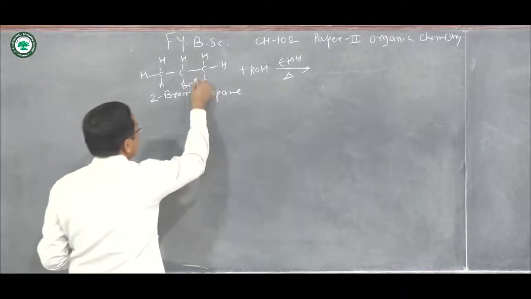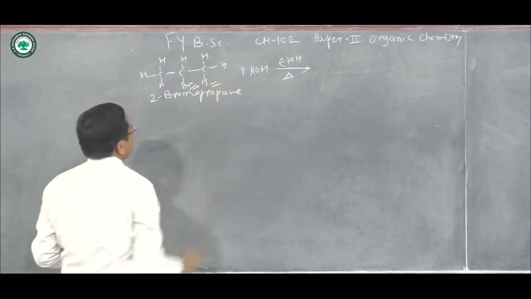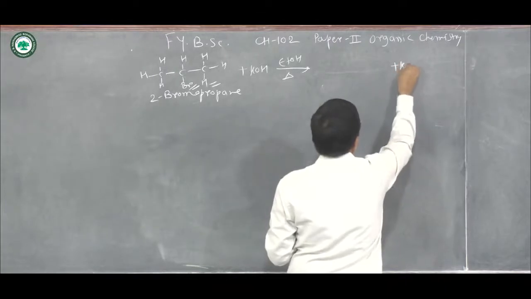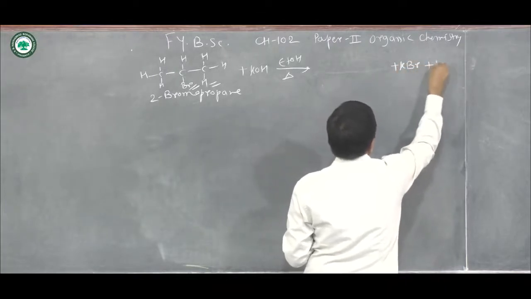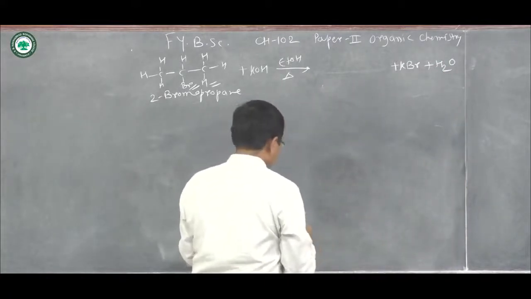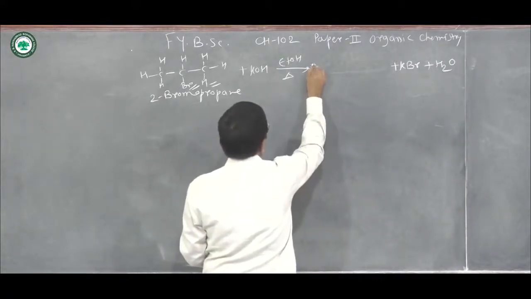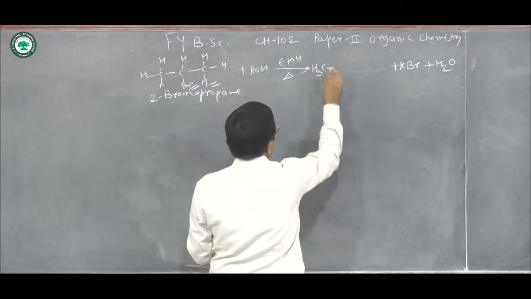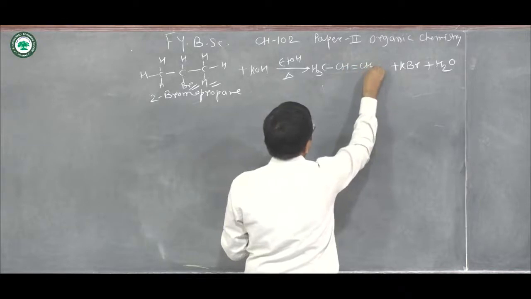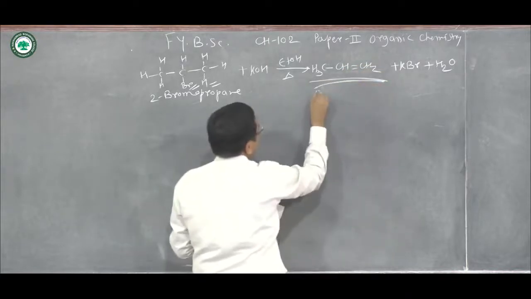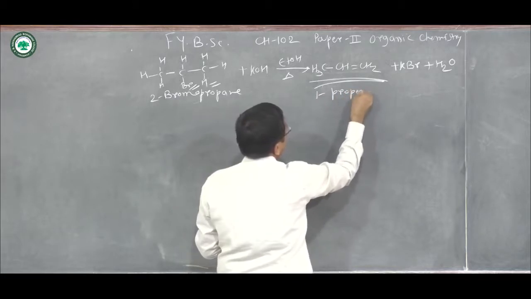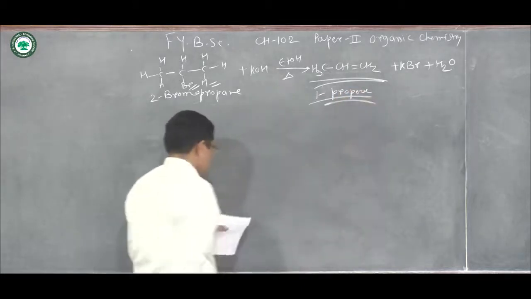Here Br and H is removed in the form of KBr plus H2O, and here CH3 CH double bond CH2, means propene is obtained.